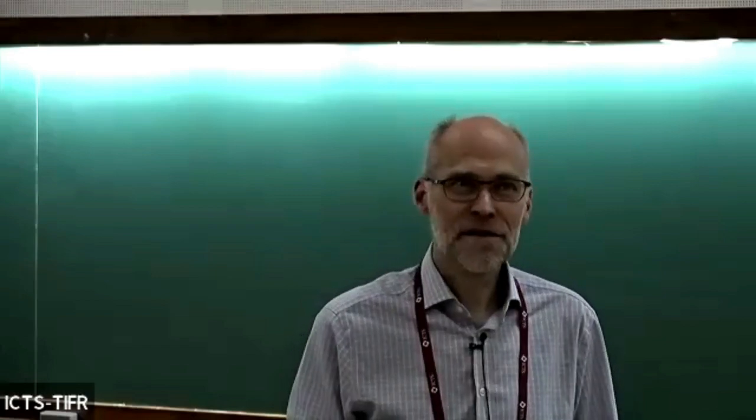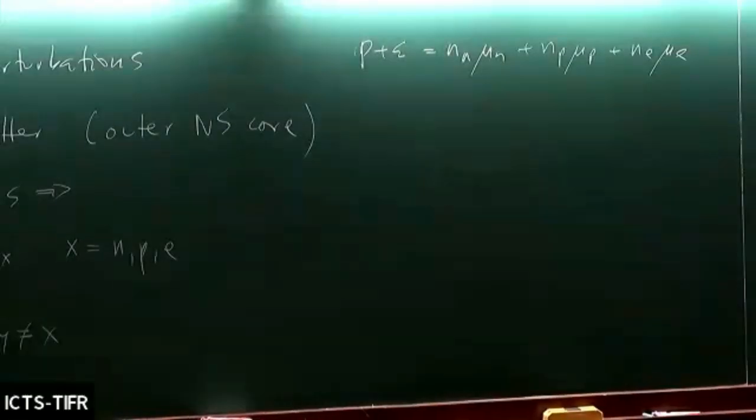The reason is, I know neutron stars have magnetic fields, but the magnetic fields tend to not be strong enough to affect the nuclear physics. Okay? The field has to be something like 10 to the 18, 10 to the 19 Gauss. That's really strong, okay? Before this becomes important. So I'm going to ignore the magnetic field.